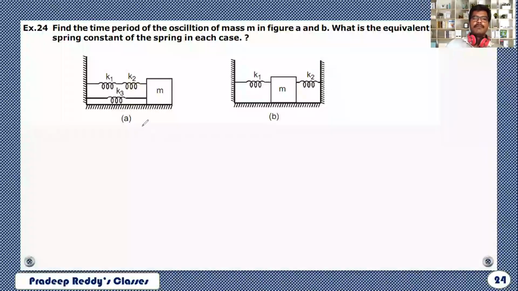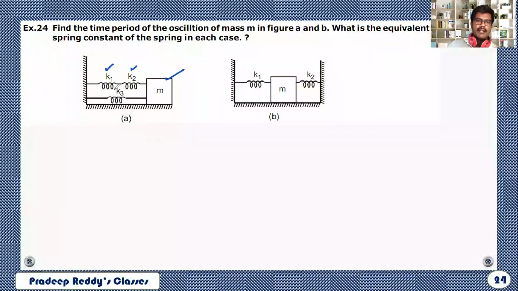Yeah. So you have two systems. Here there is mass m, which is attached with k1, k2 and k3 spring constant springs. Now by looking at figure A, the springs of spring constant k1, k2 are connected in series and their effective is connected in parallel with this k3.